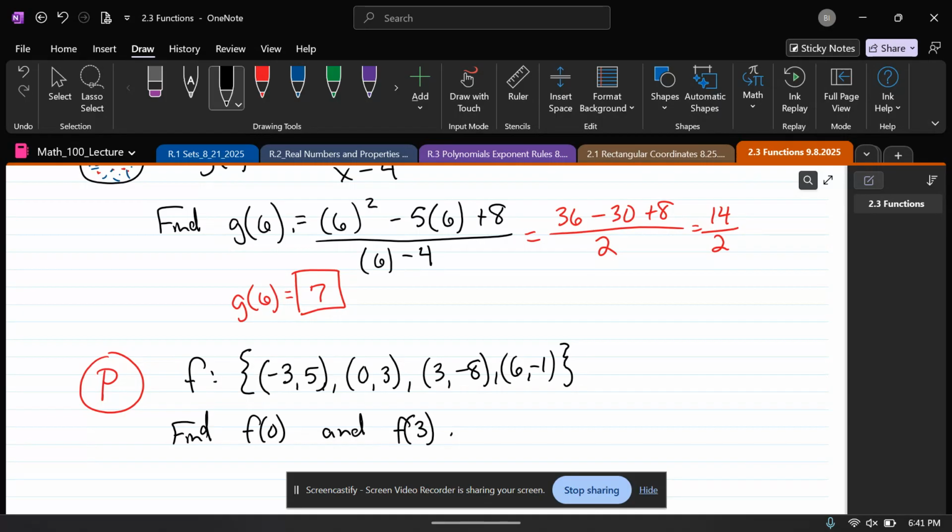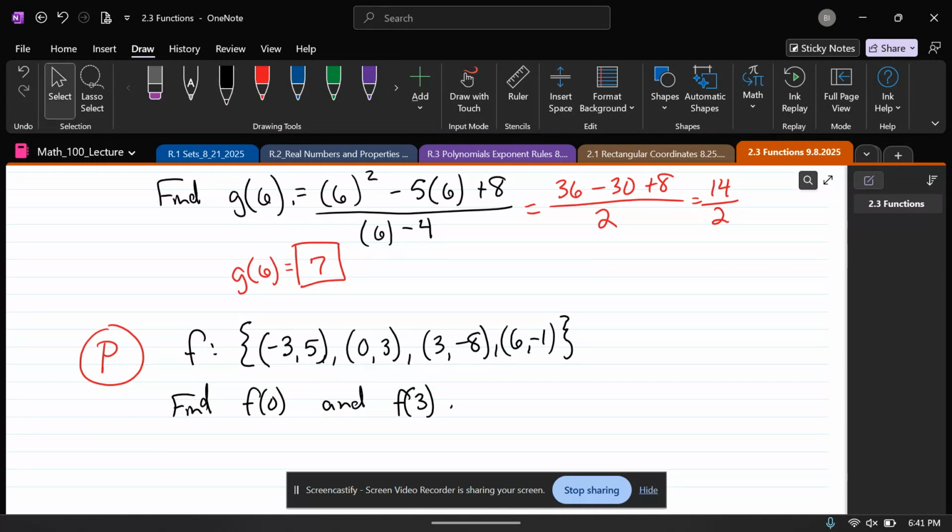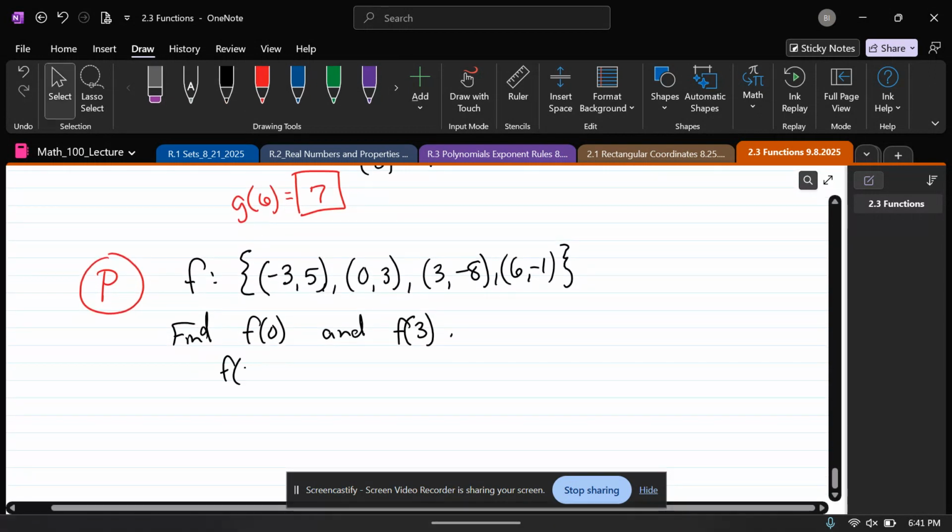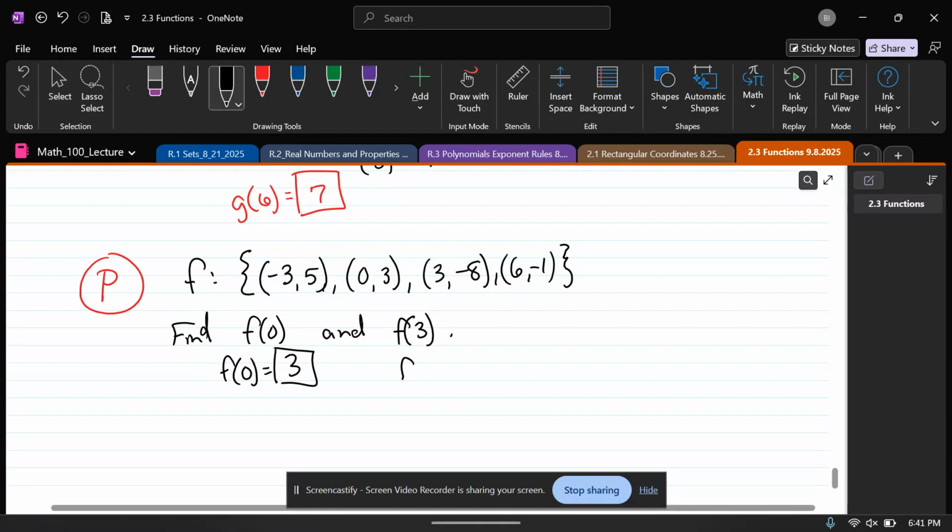3. So this looks weird because it's not what we're used to doing, but it's actually easier. I don't have to do any math. I just go, f of 0 is going to be 3. Done. What's f of 3? -8. Done. Because that's the ordered pair.